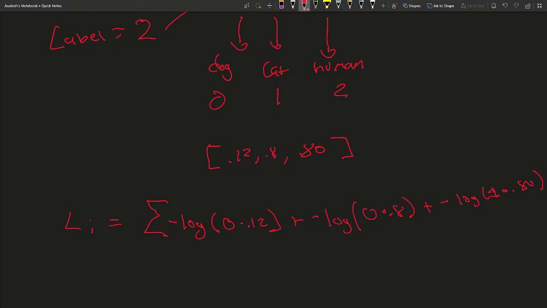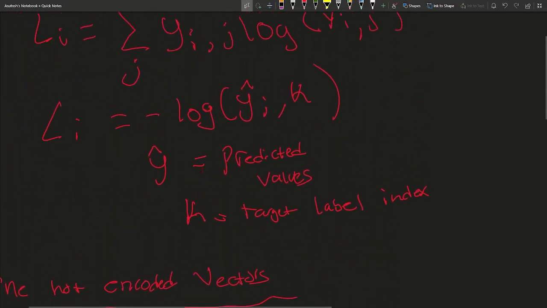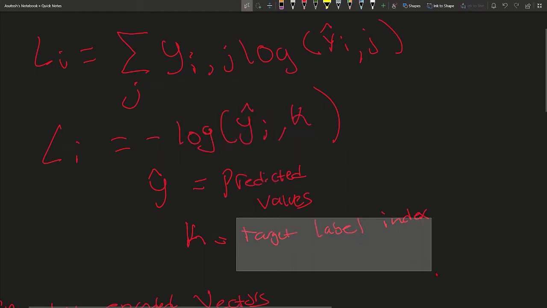All right. So you can already see how these two are going to cancel out. 0 times a number is just going to be 0. The log of 0 cancels out. So that's why this equation just becomes this. It just becomes the negative log of the predicted value at the specific target label index.